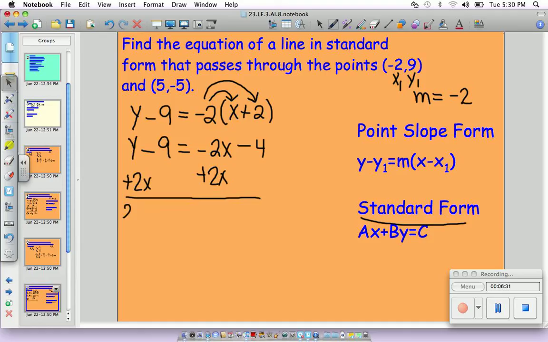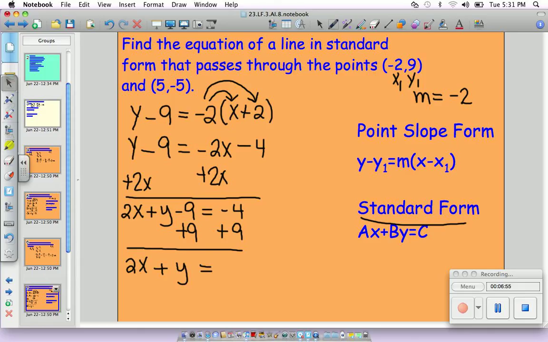Again, there are no like terms here, so I'm going to have 2x plus y minus 9 equals negative 4. Now I'm going to add 9 to each side so that my constants are all together. So my final form, my standard form, is 2x plus y equals 5. This is the standard form of the equation of a line that passes through those 2 points.